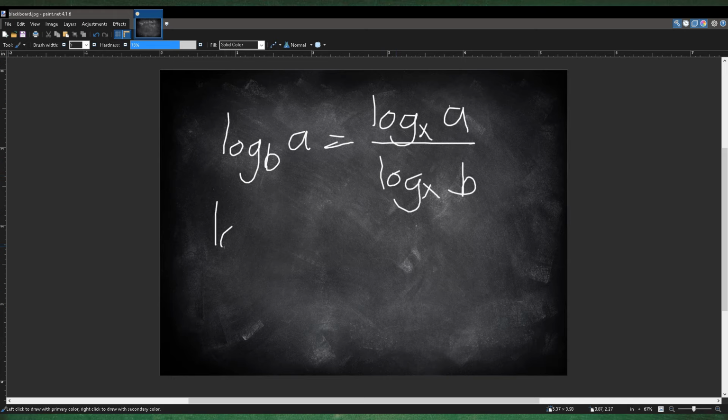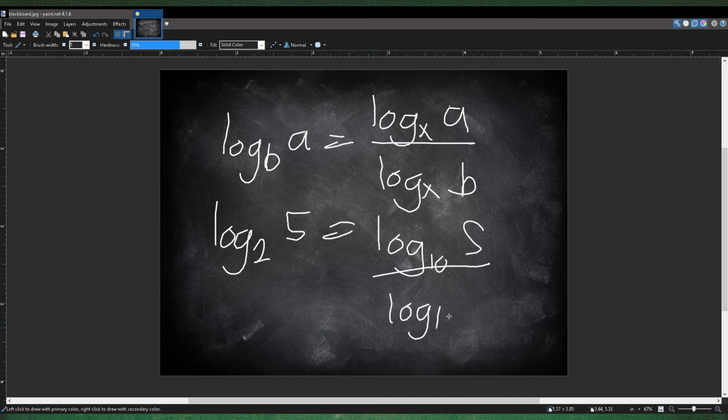So if we have log base 2 of 5, it could be written as log base 10 of 5 over log base 10 of 2. Sorry, let me write just the logs. Log 5 over log 2. You can put this as 9. You can put this as 8. Put this as 7. It doesn't matter. It just has to be log 5 over log 2. So that's what it has to have. And it's called a change of base. That's what the property is usually referred to as.